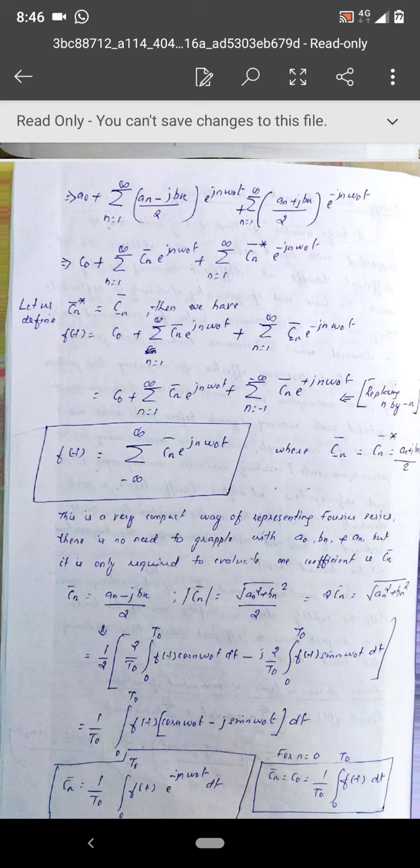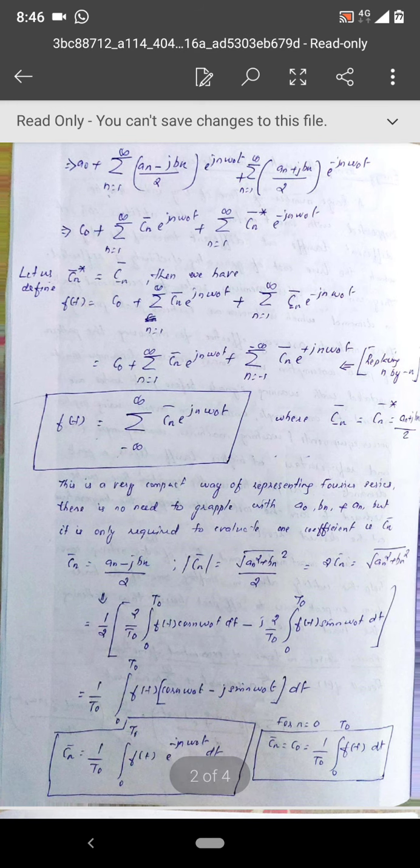Okay, now I have to evaluate Cn bar, so I should get an equation for evaluating Cn bar. So the next procedure is to evaluate what is Cn bar.